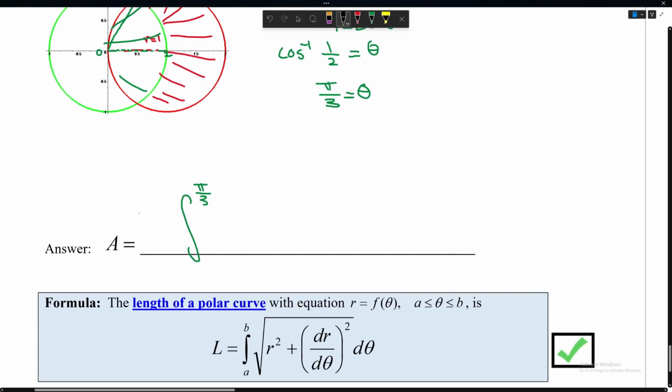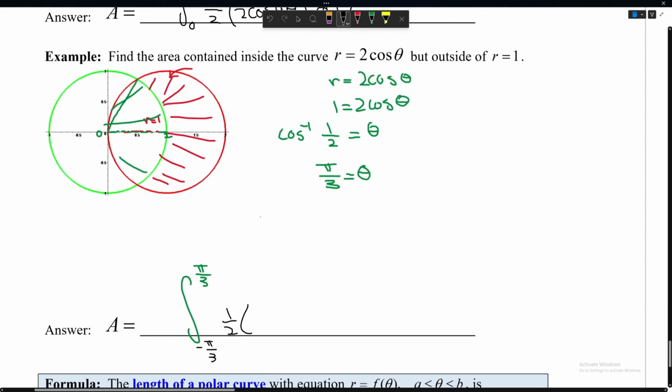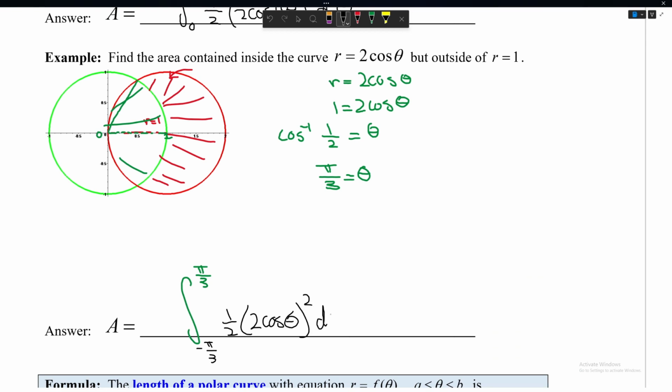So I go from negative pi over 3 to pi over 3, and then the equation, which will be 2 cos theta squared d theta. This will give us the area of this side.